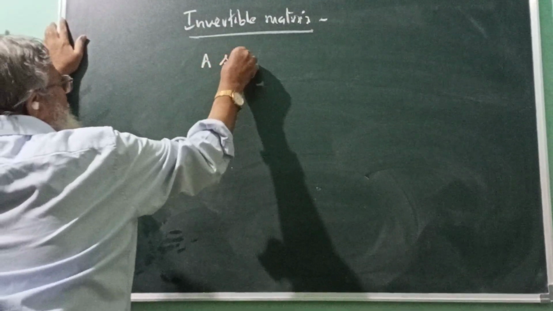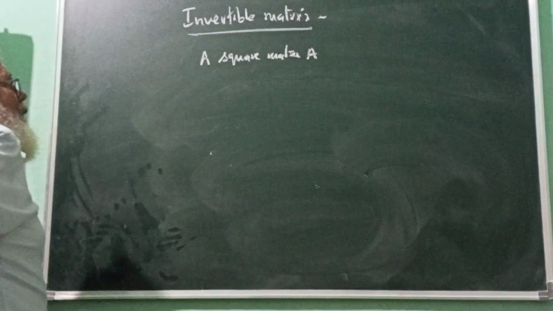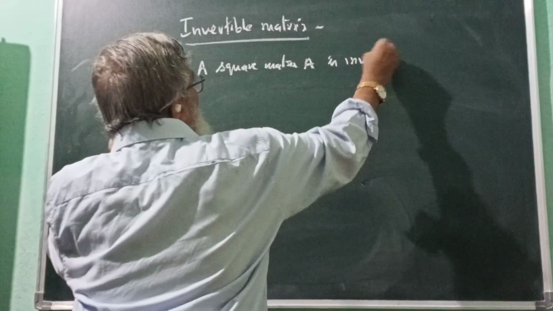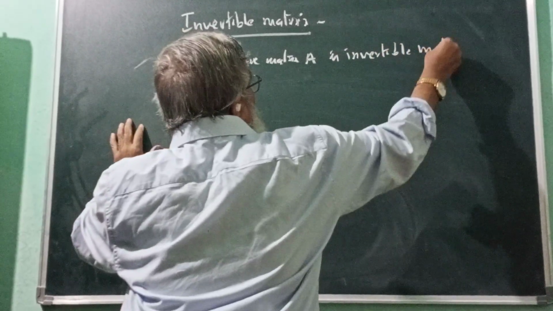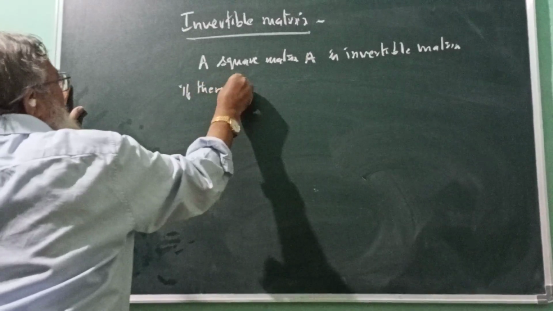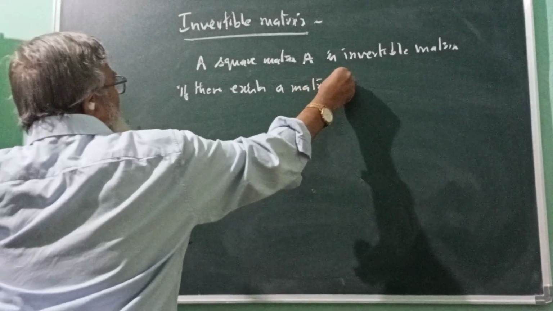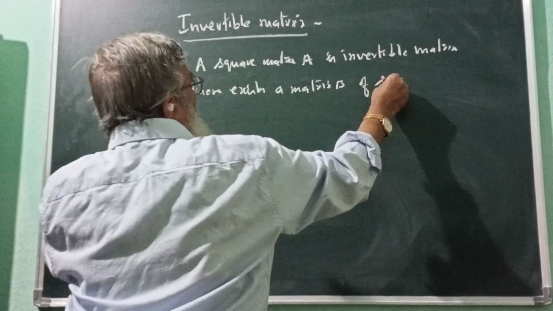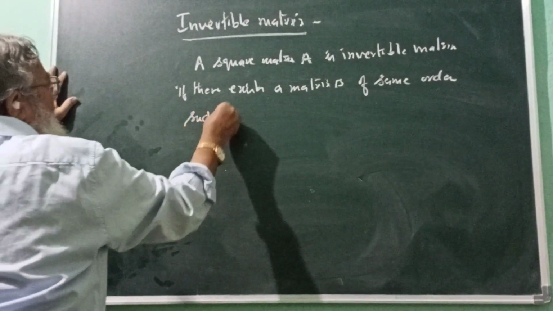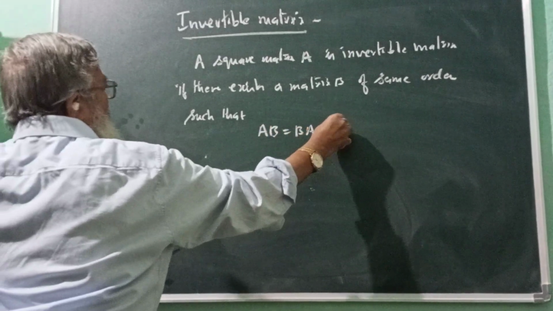A square matrix A is an invertible matrix if there exists a matrix B of the same order such that A into B or B into A is equal to I.